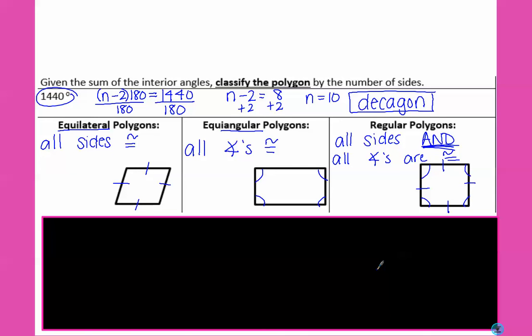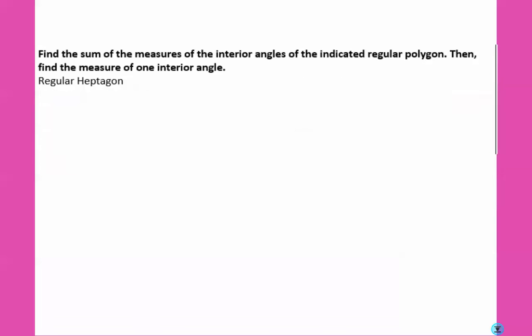So if we knew the sum of a figure's angles and we knew it was regular, we could then figure out how much each angle would be worth. So find the sum of the measures of the interior angles of the indicated regular polygon, then find the measure of one interior angle.